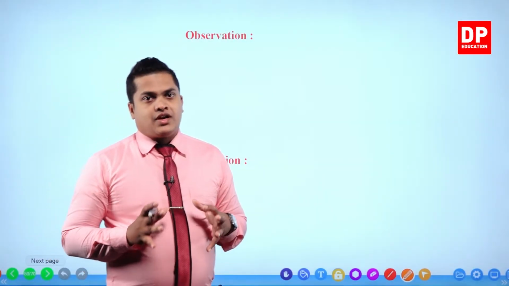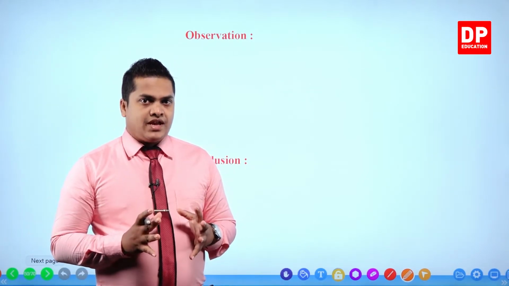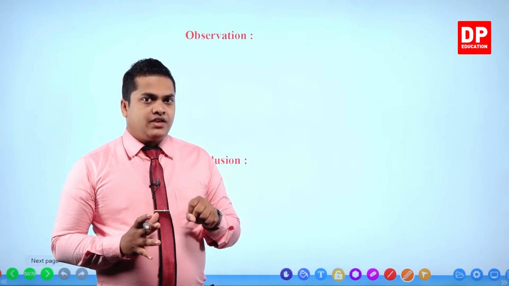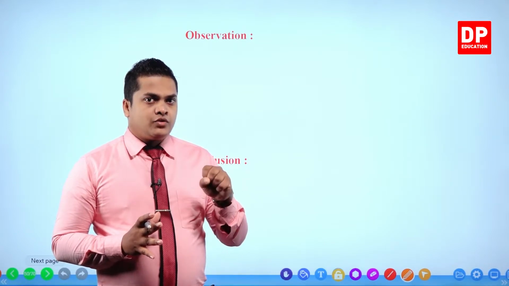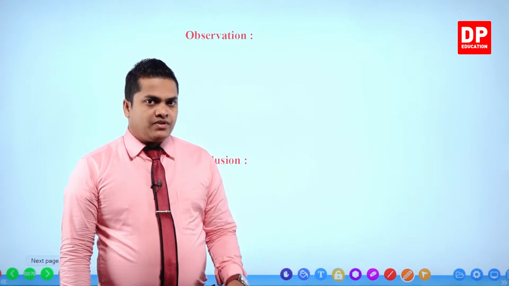Okay, my dear children, now we conducted the activity and you could observe that when I cover the surface of the LDR, the brightness of the bulb is reduced, and the ammeter reading also reduces, right? The milliammeter or ammeter reading also reduces.